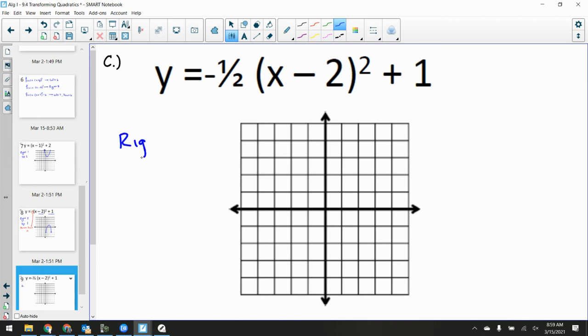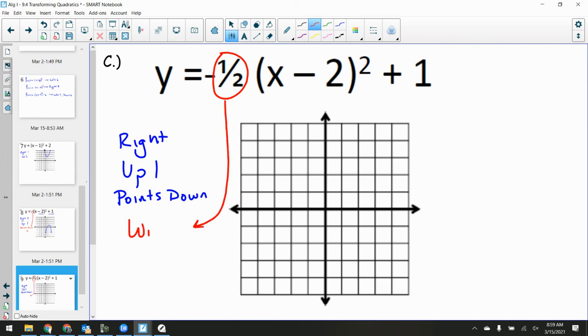It goes right 2, this goes up 1. This points down. But what does this 1/2 do? Makes it wider. Good. It makes it wider. Wider than what? Wider than the graph before, right? Wider than if there was no number sitting out front of that parentheses.